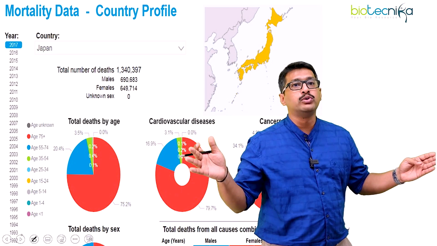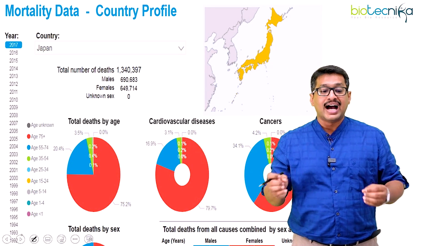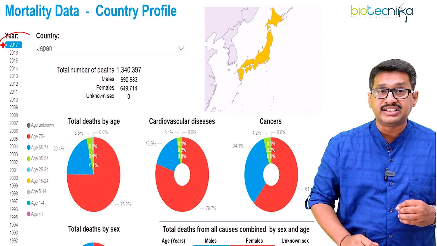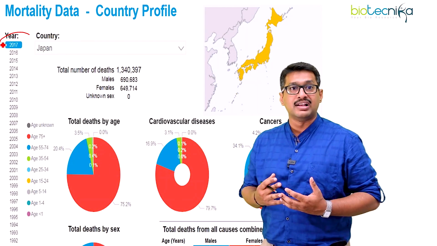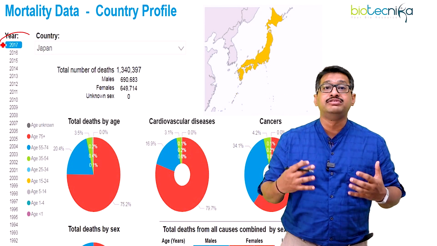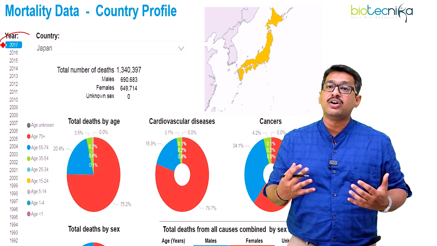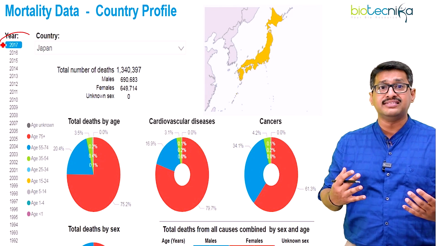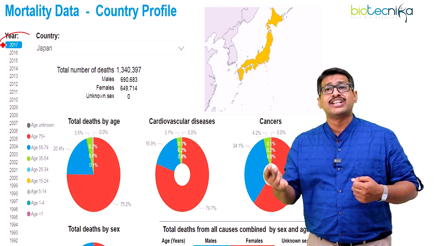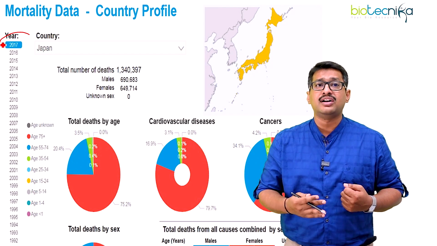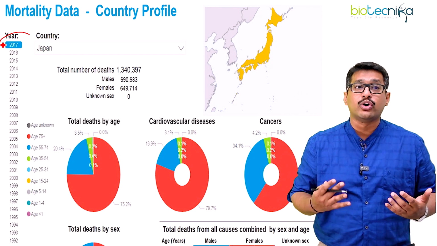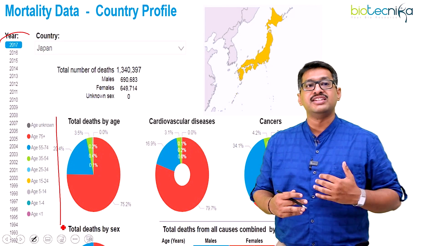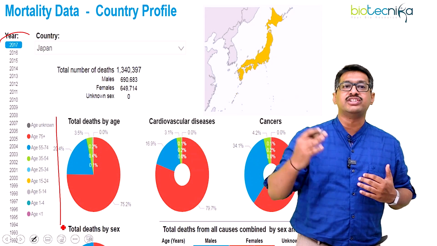You have a huge amount of dynamic data, and I have taken up an example of 2017 data from a Japanese population: what exactly was the number of deaths, how many people died just because of cancer, in that how many were segregated as males and females, how many of these cancer patients actually suffered with cardiovascular disorder, and then what is the death ratio in terms of their age, especially from congenital disorders to old age disorders.